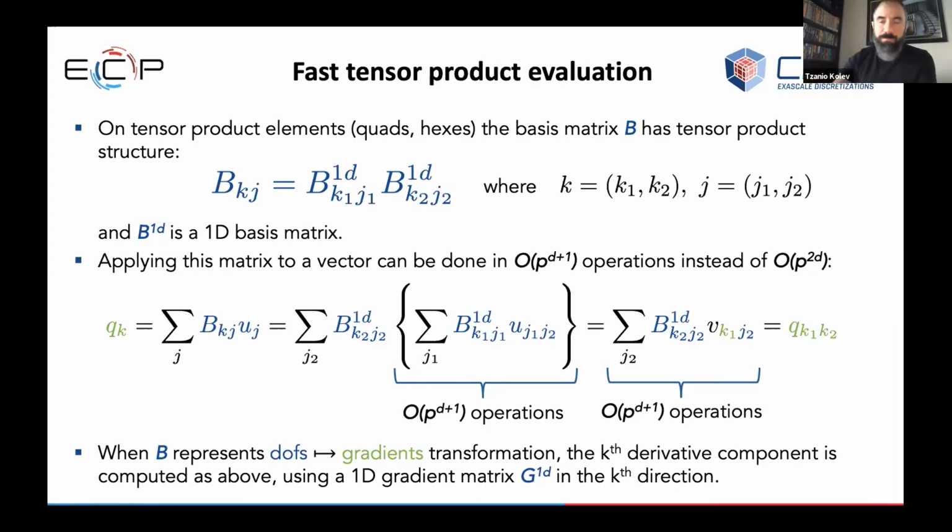So that's significant: for higher order in 3 dimensions, that is a 3 orders of magnitude saving. And these tensor contractions are essentially the same things that machine learning is optimized for. So you can take advantage of tensor cores and other machine learning specific hardware.